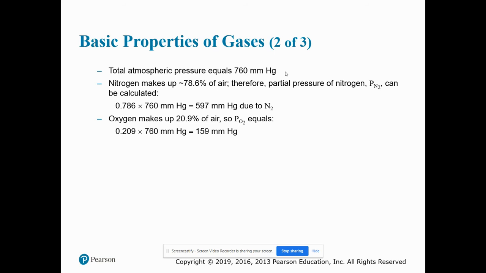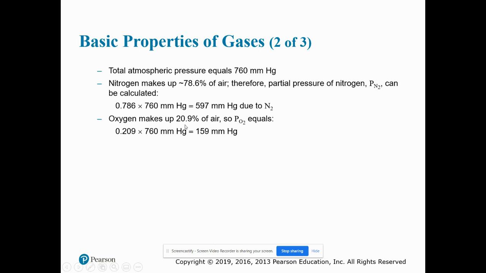Therefore, the partial pressure of nitrogen can be calculated by taking the whole pressure and multiplying it by the percentage that gas makes up, 78.6%. You get 597 millimeters of mercury due to nitrogen.